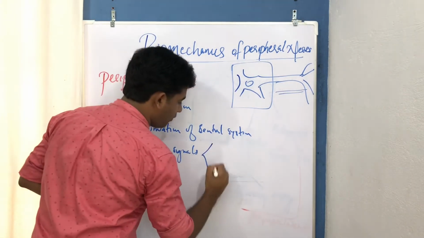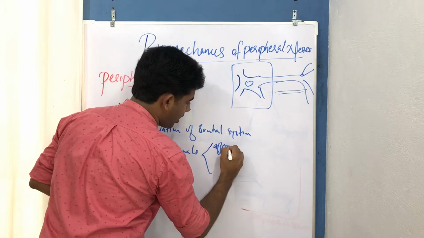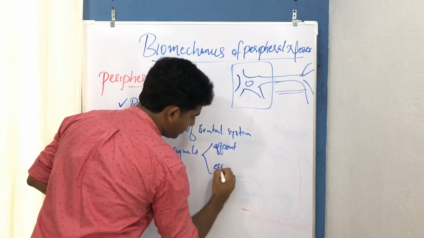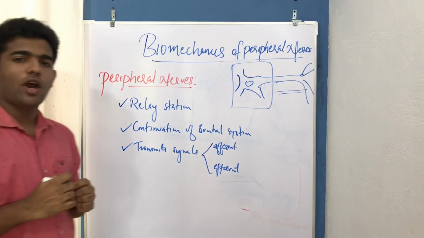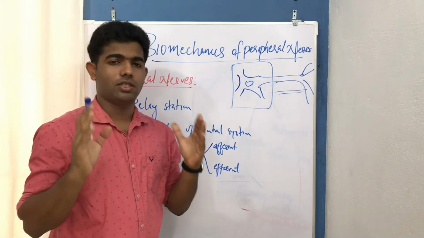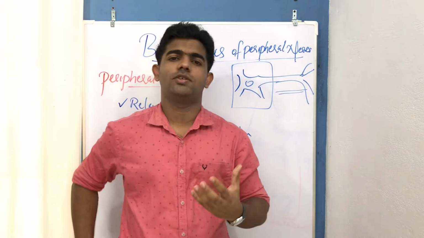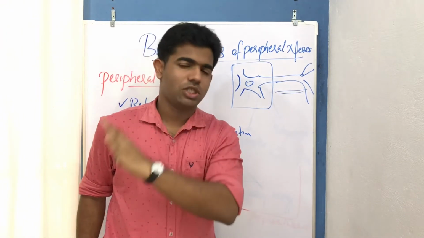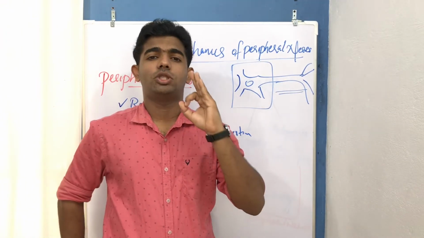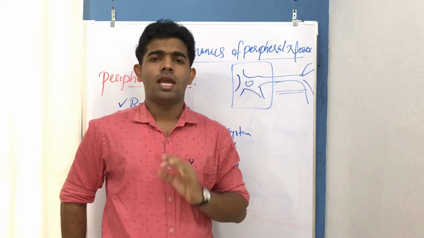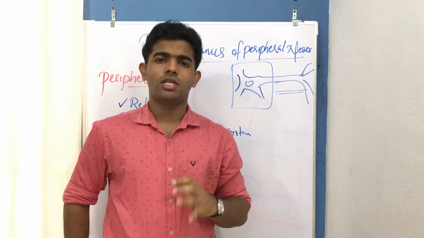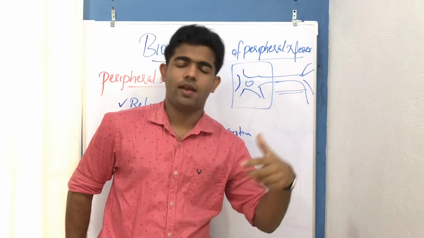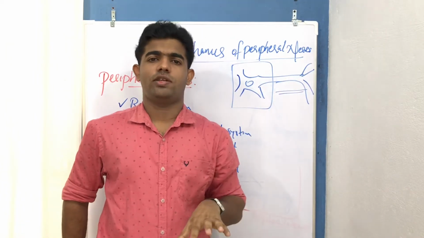So you have the afferent nerves and efferent nerves, right? So these are the general functions of peripheral nerves. Peripheral nerves act as a relay station. They are the direct continuation of the central nervous system, and finally they help in the transmission of signals to the central nervous system, and from the central nervous system to the effector organs.